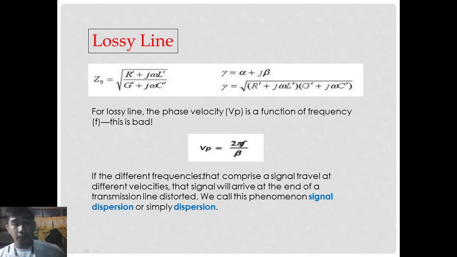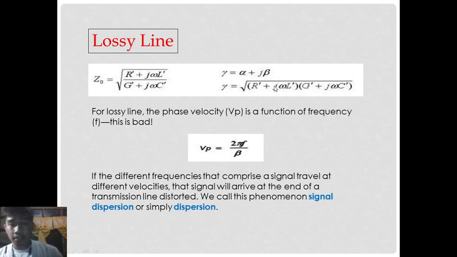If the different frequencies that comprise a signal travel at different velocities, that signal will arrive at the end of a transmission line distorted. We call this phenomenon signal dispersion, or simply dispersion. You must always remember this equation for solving the characteristic impedance of a lossy line, also the propagation constant of a lossy line.